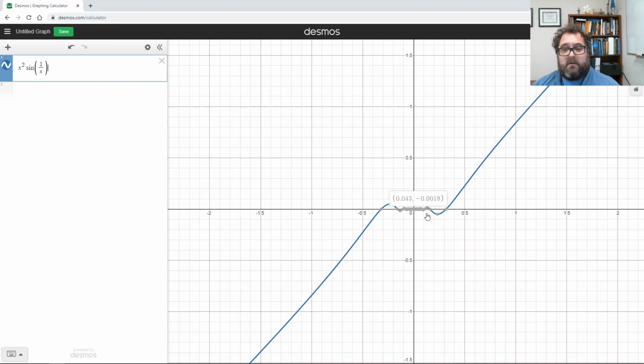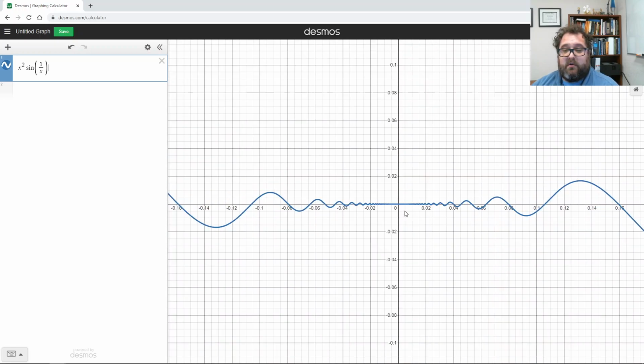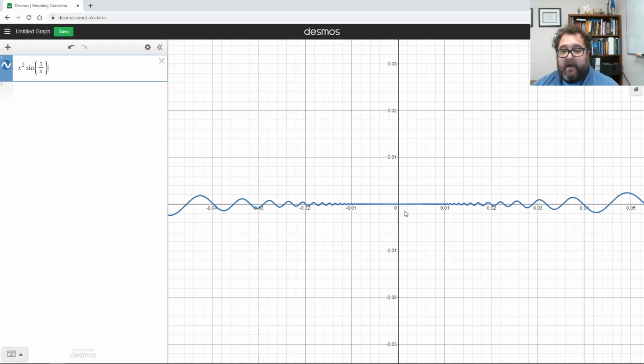So let's zoom in. We're only concerned about the limit as you approach 0. And notice, if you try to hover over 0, the function as a whole there is undefined. But clearly, as we approach from the left and the right of the origin, the y values are oscillating, but getting closer and closer to 0.